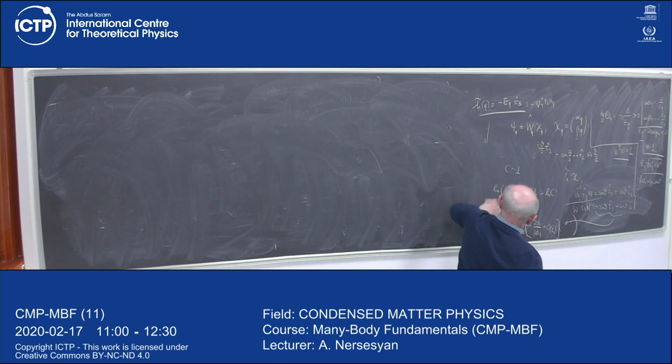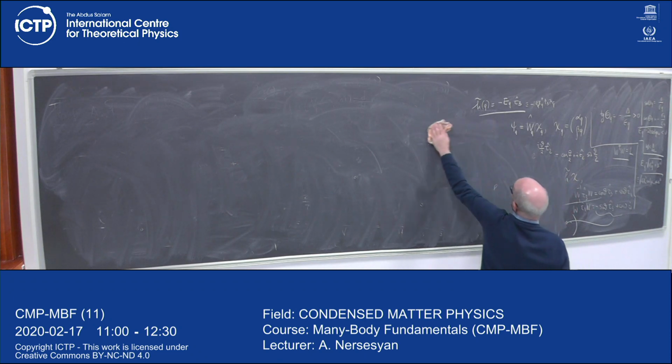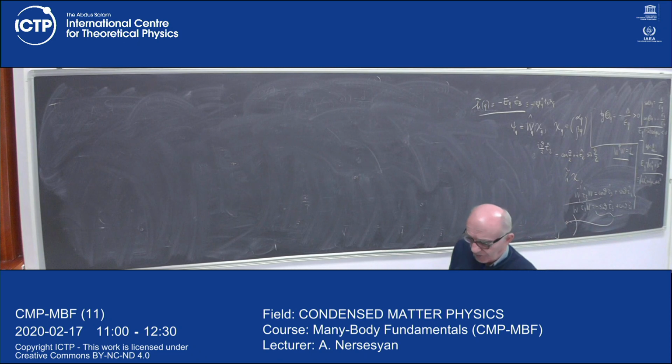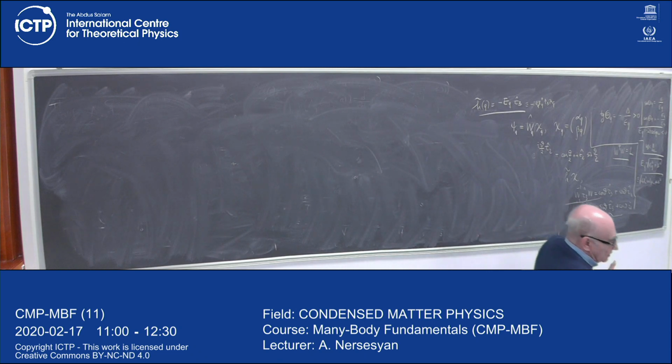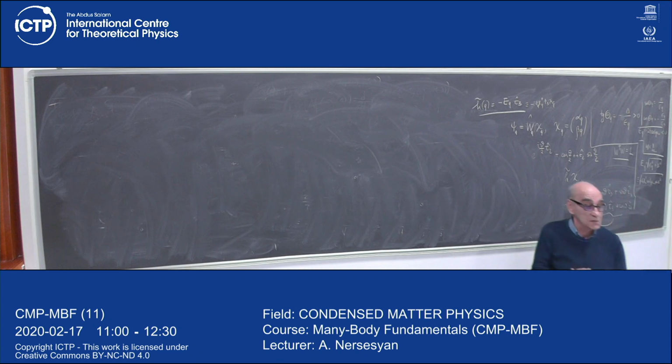But now I decided that, after all, the course is called many-body effects, and for many-body effects I would like to show you a very simple, not to say elementary, problem which shows how a collection of interacting particles can exhibit properties which cannot be anticipated at the one-particle level.